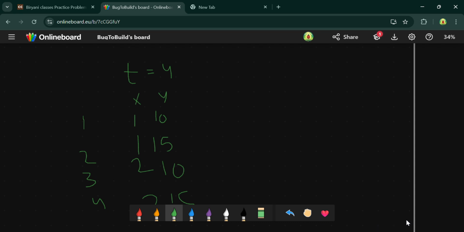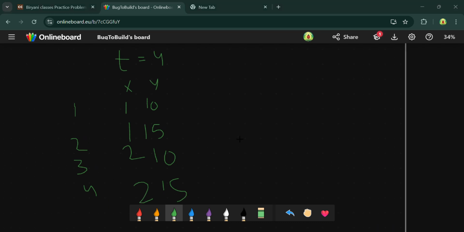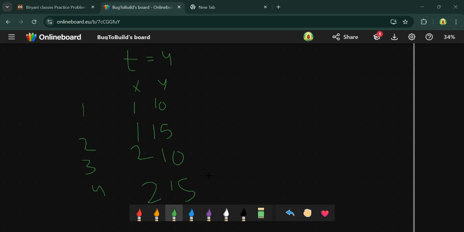Okay, so the test cases are 4, and you just have to print the total amount that he has to pay. The amount that he has to pay is X into Y. You just have to return that, because X represents the weeks and Y is the number of coins.